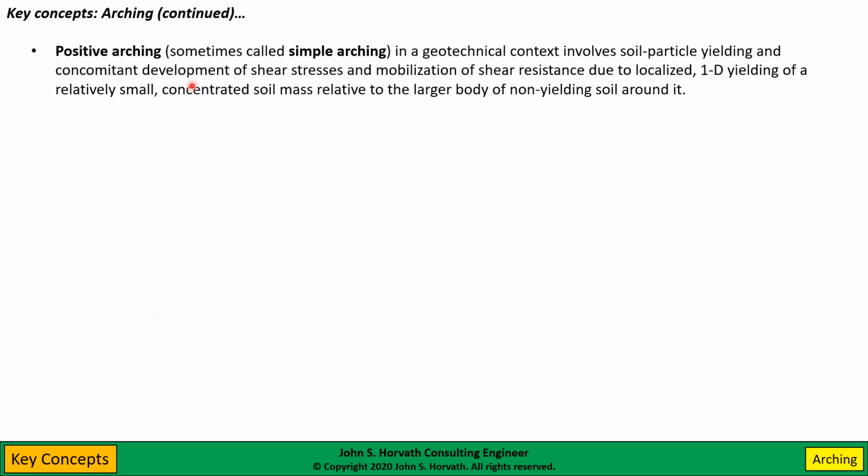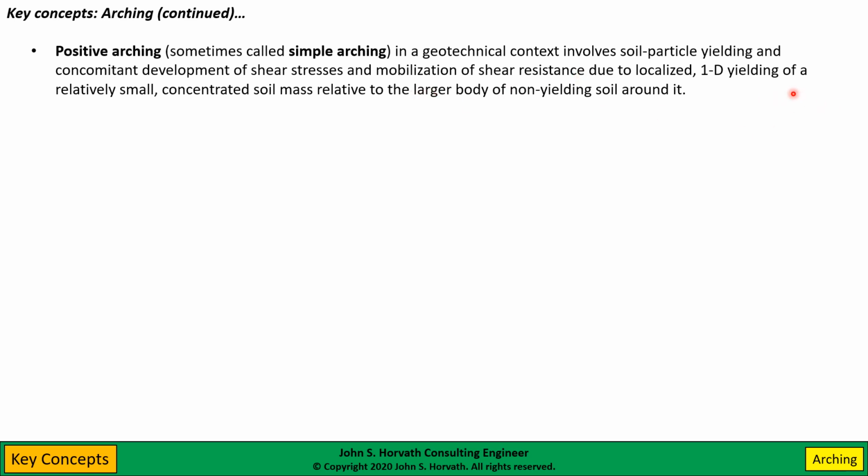Now, positive arching, which is sometimes called simple arching in a geotechnical context, involves soil particle yielding, again, yielding meaning displacement, and the related development of shear stresses and mobilization of shear resistance that is due to some localized yielding of a relatively small concentrated soil mass relative to the larger body of non-yielding soil around it.